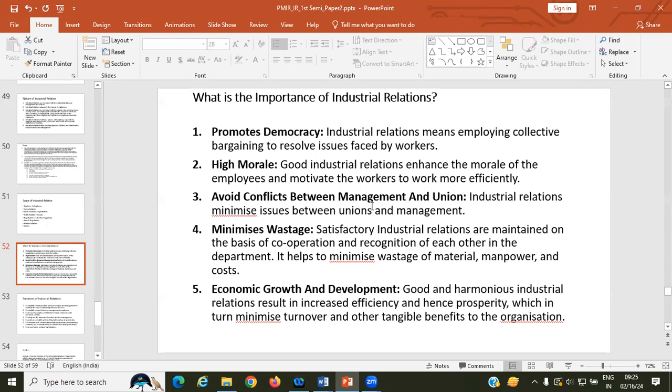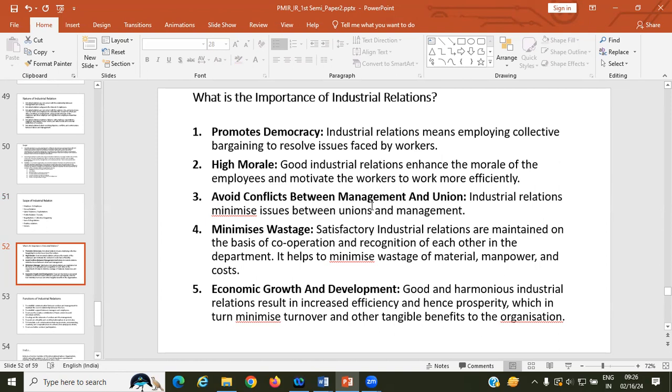So the team will think, okay, they are empowered, they have more decision making skill, they will exercise all those things they have, and they will try to solve it among themselves with a good output. So that is the importance of industrial relations.